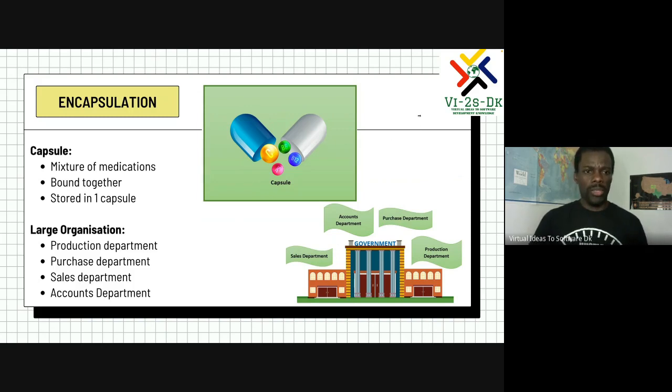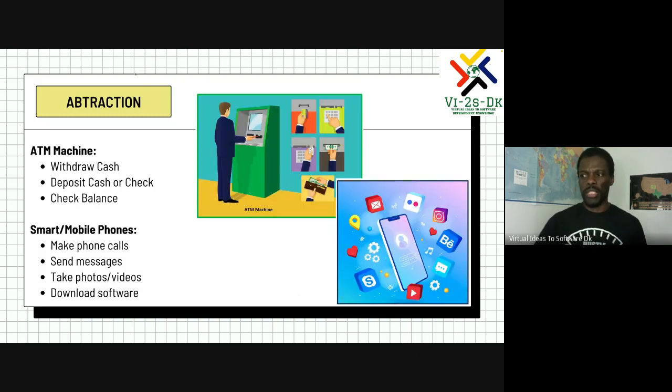All right, so hopefully that clears a little bit more between what encapsulation is and what abstraction is. So encapsulation, binding it all together. Meanwhile, abstraction is hiding the implementation and just showing the simple interface.